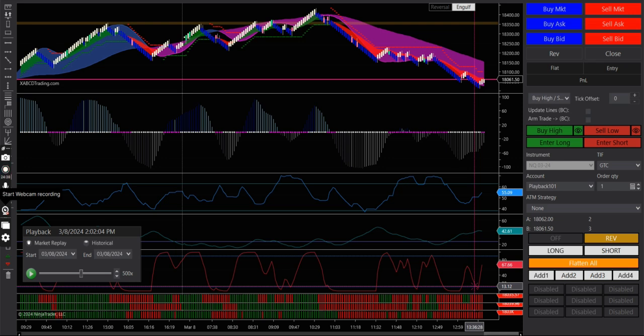For me, it has dual purpose. So this stochastic line needed to be flat, not just sloping down. So that's why I didn't enter the trade. And that was a good decision because immediately the price pulled back.